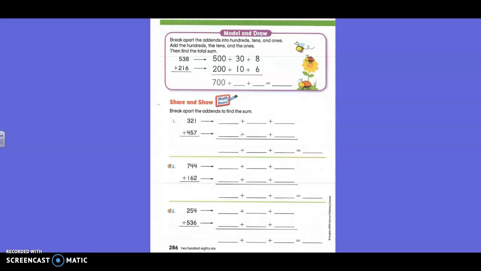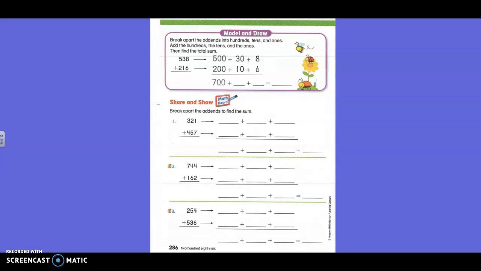Okay. Break apart the addends into hundreds, tens, and ones. Add the hundreds, the tens, and the ones. Then find the total sum. This is where it could get a little confusing, so don't get distracted, don't get worried.